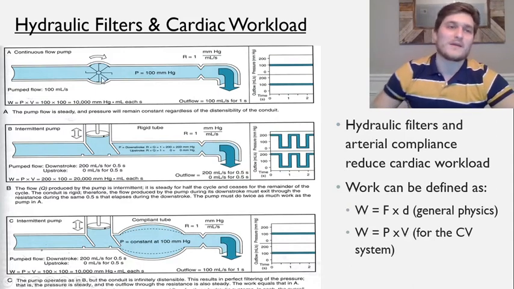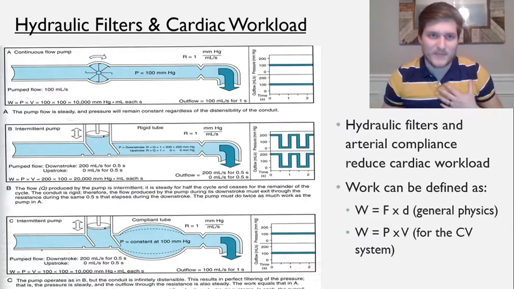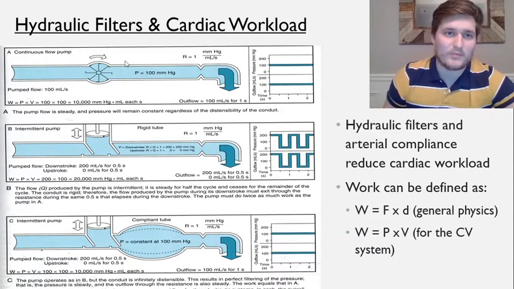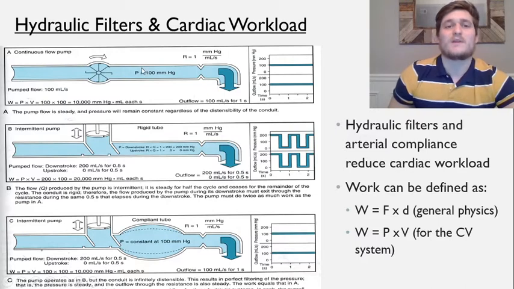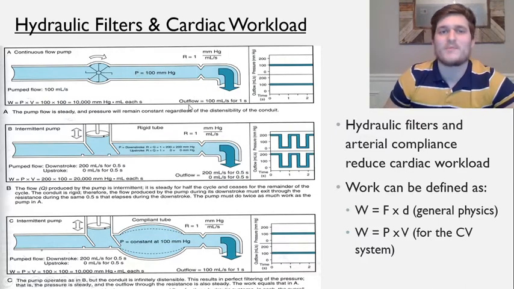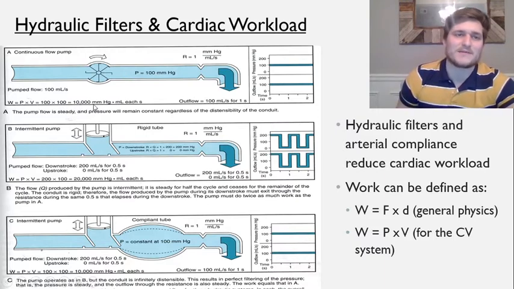So if we have a continuous flow pump, which is not one like our heart, which is more of an intermittent one, with a resistance of 1 and a pressure of 100, ultimately, the outflow of this continuous flow pump is going to be 100 milliliters per second. So that's 100 milliliters flowing out every second. And if you quantified the work, pressure times volume, you basically get 10,000 mmHg milliliters each second, right?